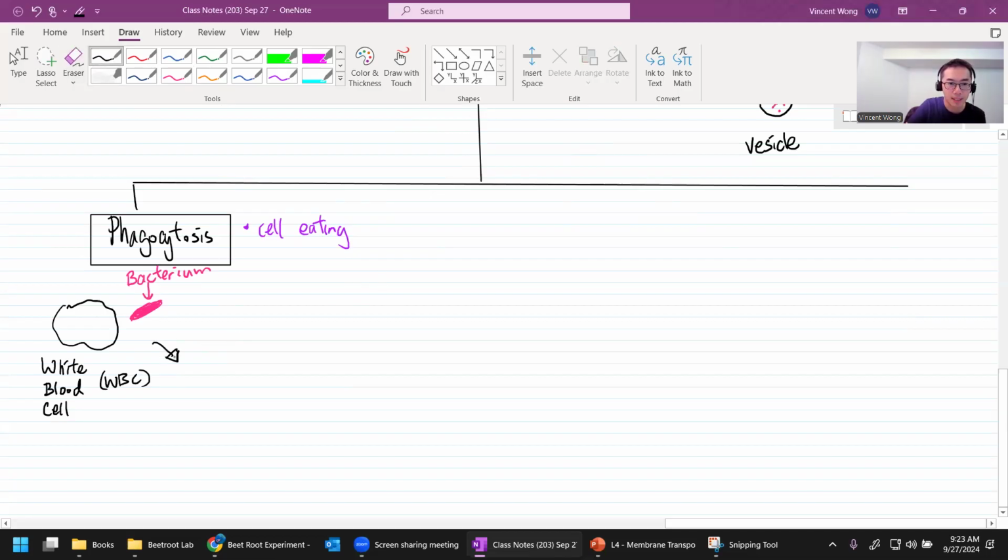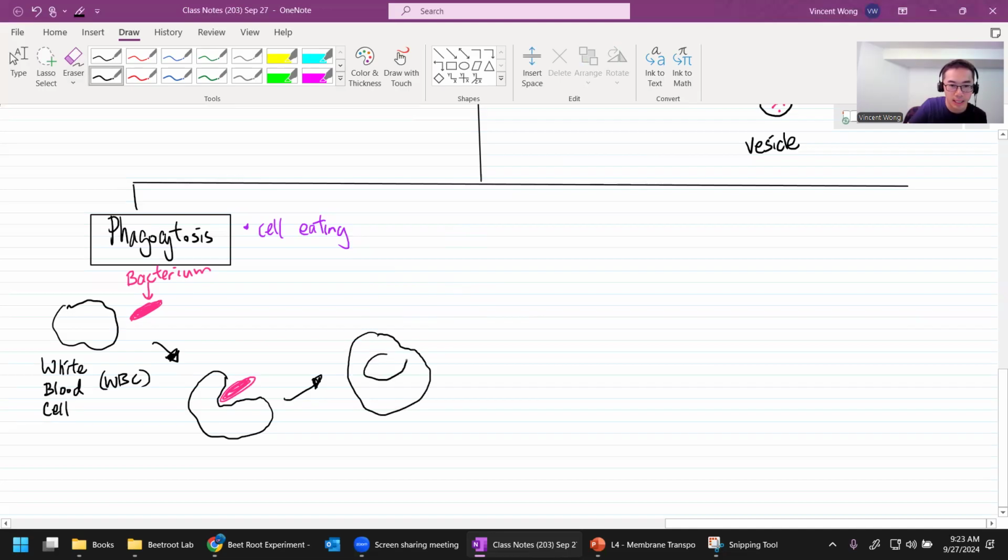And so the white cells will actually go surround the bacterium. It's like that game Pac-Man. You guys know Pac-Man? Like the yellow guy that goes around and eats the dots, right? It's literally like that. And then it will eventually swallow the entire bacterium.